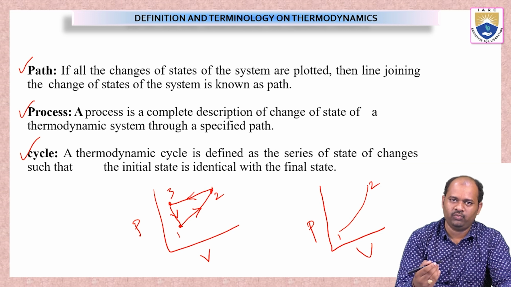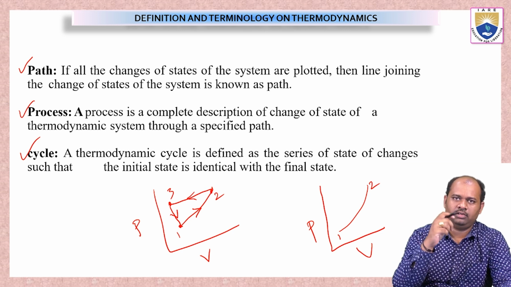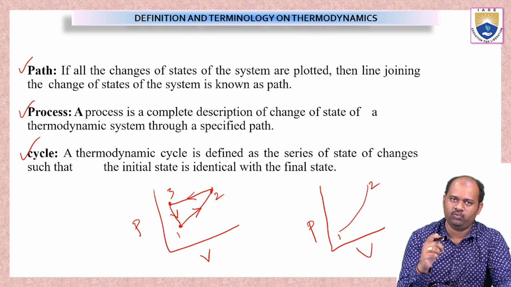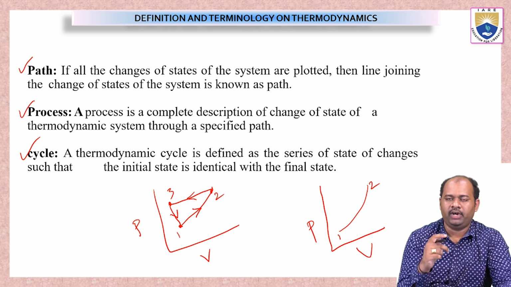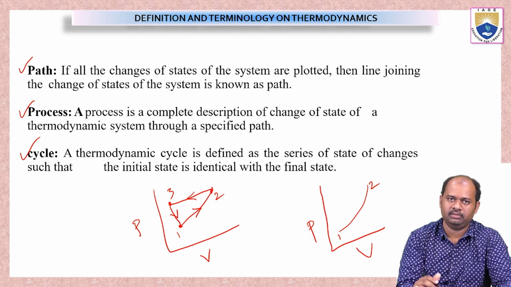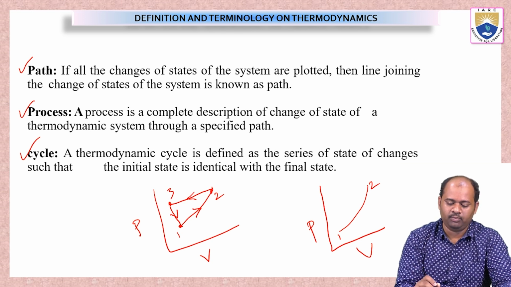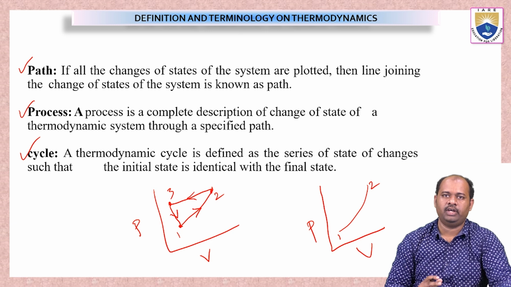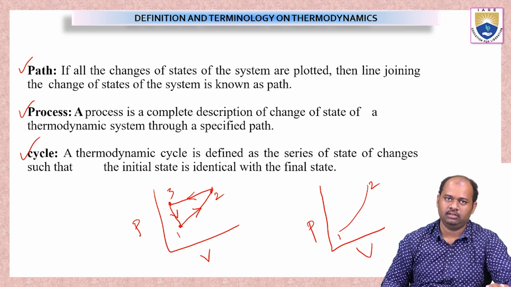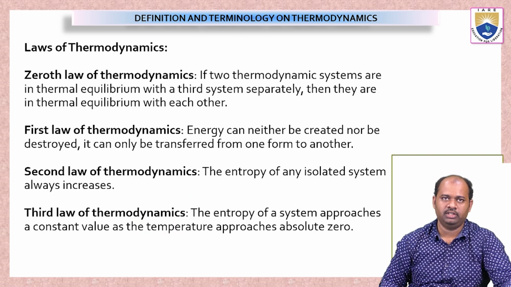I have started at point 1, gone all the way up to 3 and returned back to point 1. Now the final state of the system is exactly equal to the initial state. This kind of process is called a cycle. A thermodynamic cycle is defined as the series of changes of state such that the initial state is identical with the final state. So these are another set of definitions.